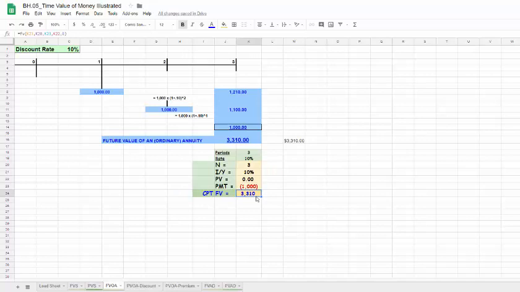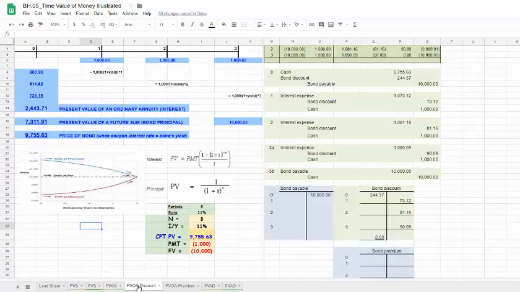And finally, let's review the present value of an ordinary annuity. This screen looks a little bit busy because there are a lot of concepts in here. Specifically, the present value of an ordinary annuity is the basic idea behind bonds.